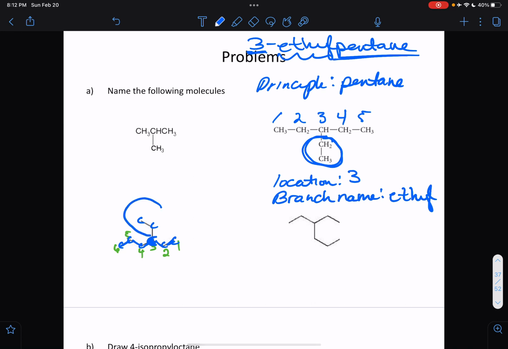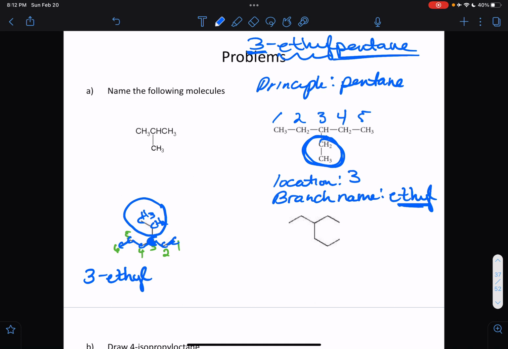So you're going to put the line splitting the bond right there. So this would be CH3 on the end, and you'd have a CH2 there. And when you have CH2, CH3, what is that branch? Well, up here, we said that that was ethyl, and it is. So what we have is 3-ethyl.